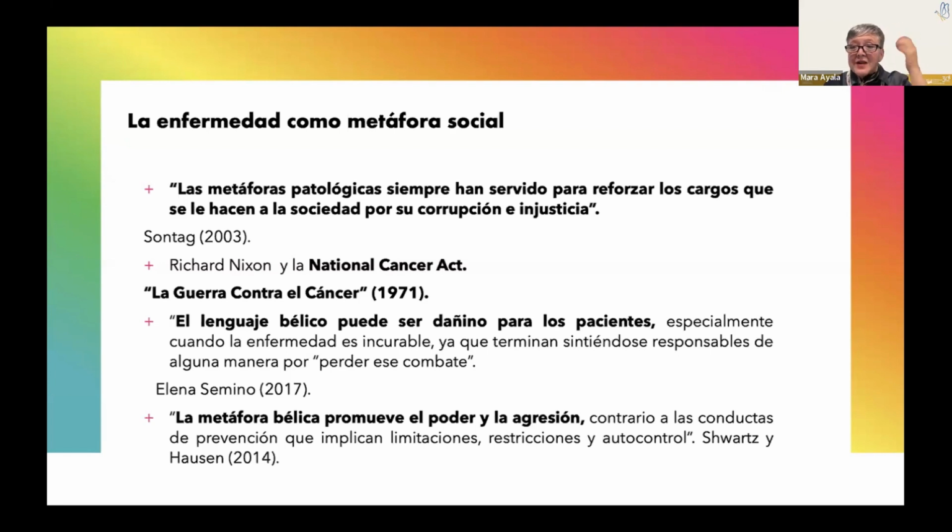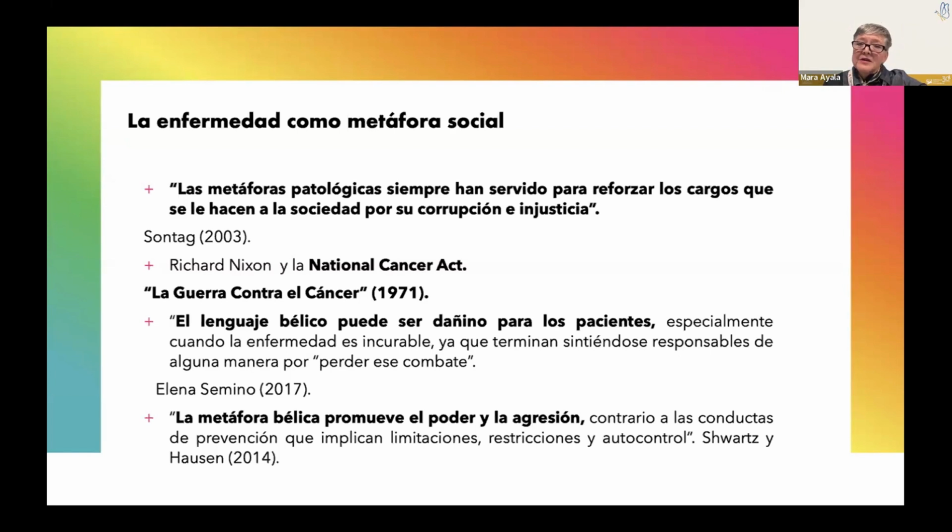Y bueno, hace años que me pregunto esto y una de las respuestas que empecé a encontrar fue a través de Susan Sontag en su libro La enfermedad y sus metáforas, donde dice que las metáforas patológicas siempre han servido para reforzar los cargos que se le hacen a la sociedad por su corrupción e injusticia.